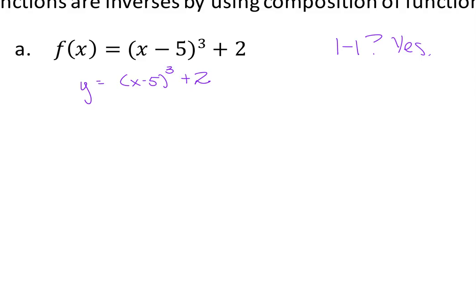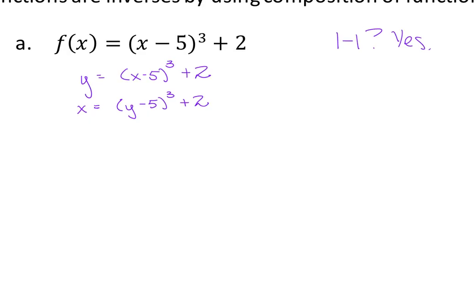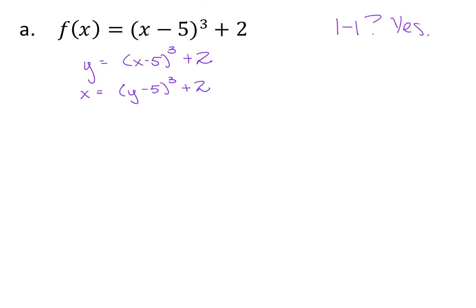I want to swap my variables, so I want to replace my y with x, and I want to replace my x with y. And then we want to solve for y. So in order to do this, we're going to basically go backwards. I want to subtract my 2. I want to isolate my cubic.